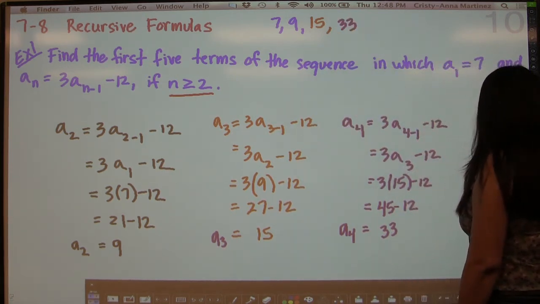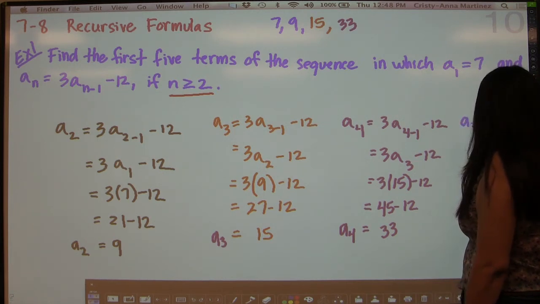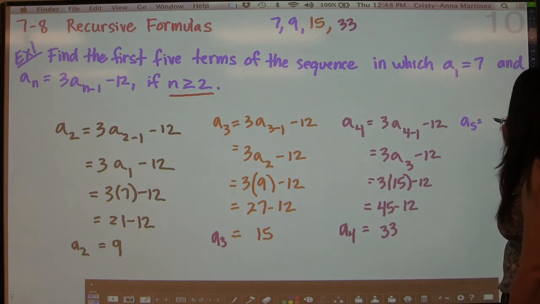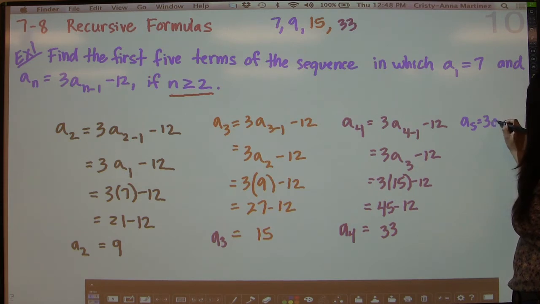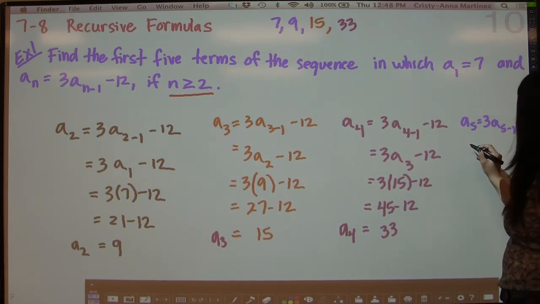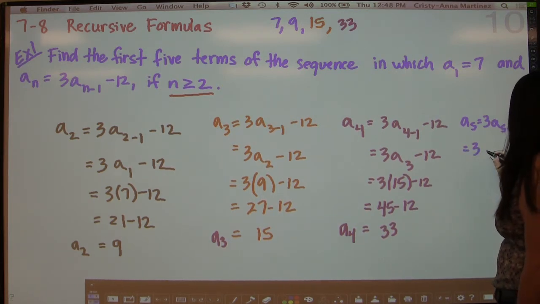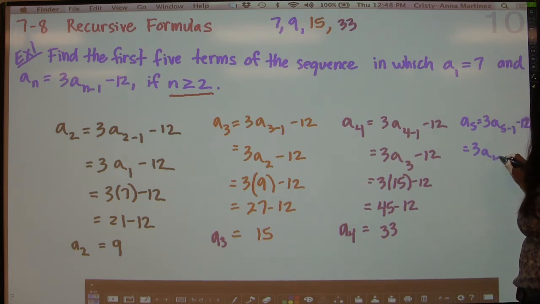And then lastly, we're going to do a sub 5. We're going to squeeze it in here. And that's going to be 3 times a sub 5 minus 1 minus 12. Okay, so that's going to equal 3 times a sub 5 minus 1 is 4.